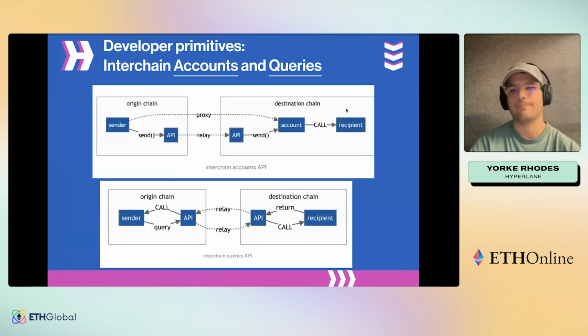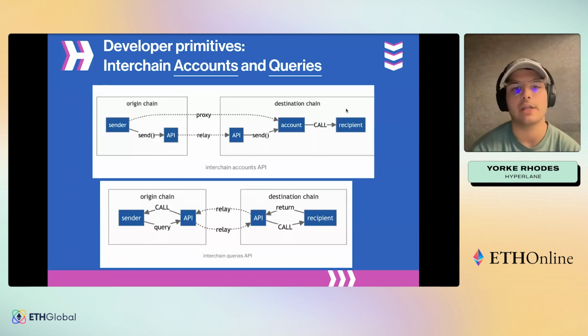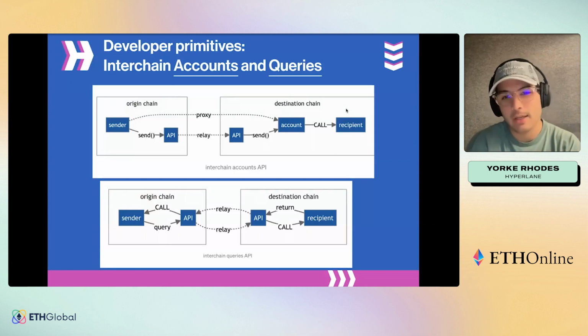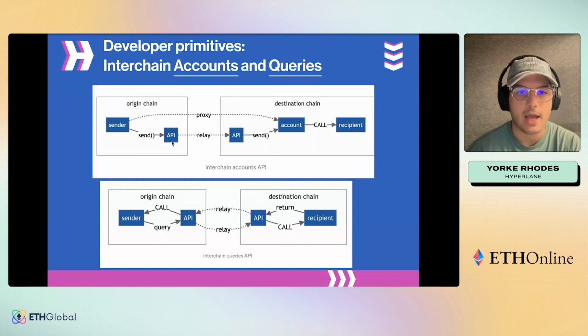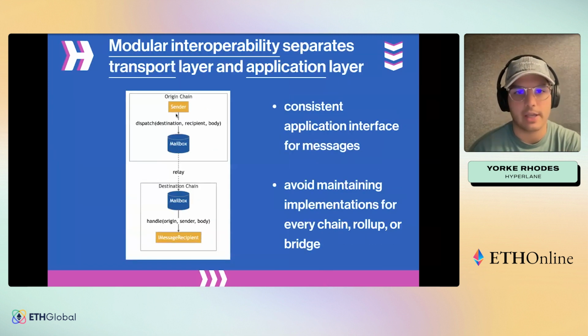So we have these two developer primitives that we call interchain accounts and interchain queries. This API block you can basically think of as what we were just looking at with the dispatch and handle of just sending a message and receiving a message on another chain.